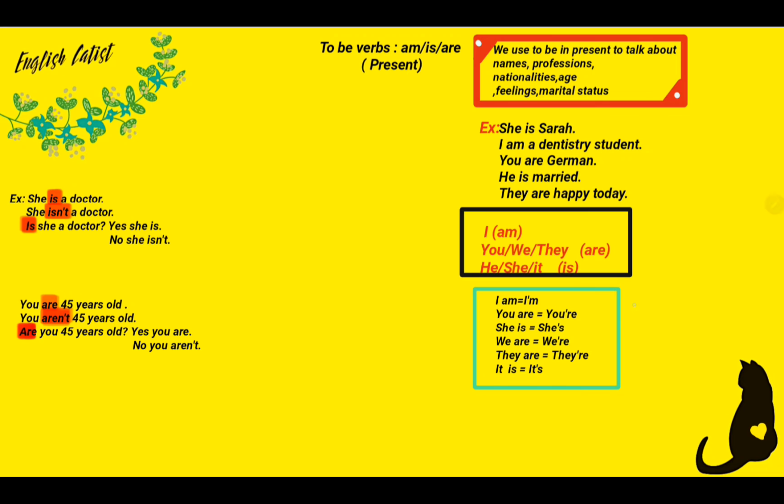Now, look at the blue box. These verbs have an abbreviated form. What's the meaning of that? It means that instead of saying I am, we can use I'm. You are, you're.